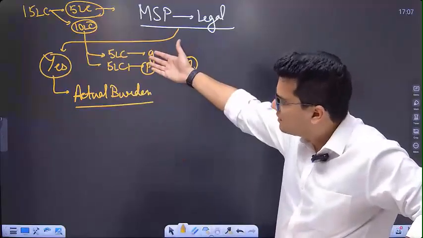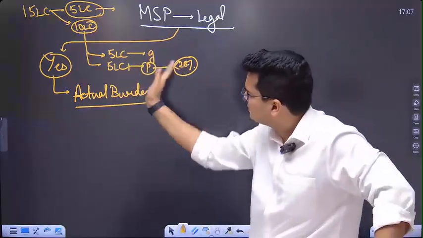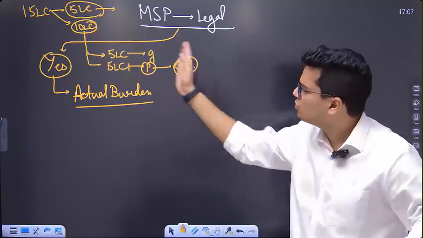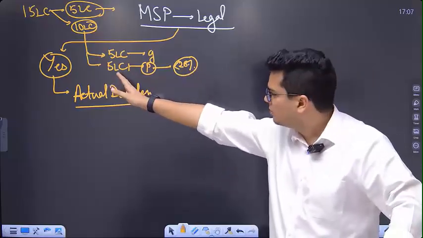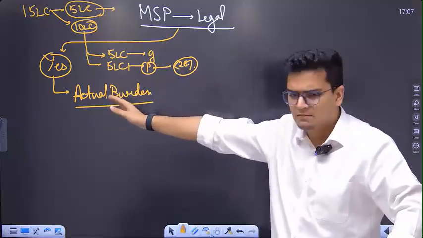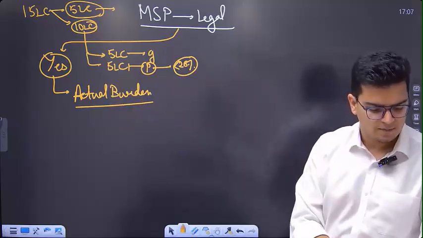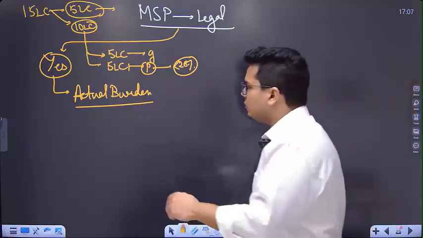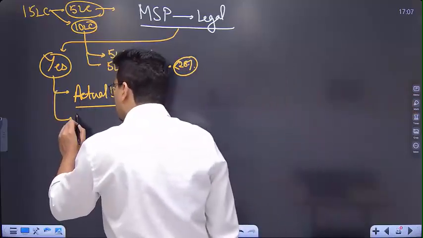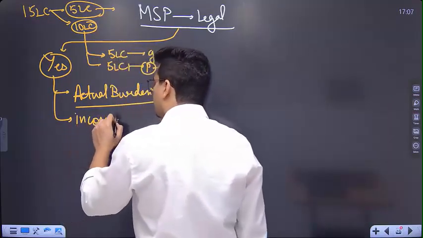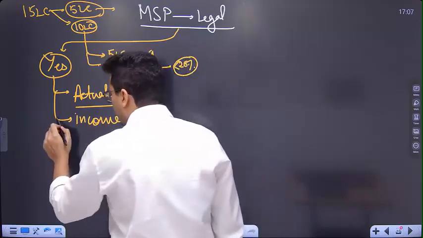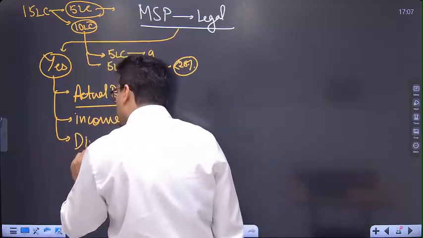So the idea here is that they say that yes, it is possible for you to have MSP, because legalized MSP, because the actual burden is very low. Then they say that if you legalize MSP, it will lead to farmer income and they will invest. It will also lead to crop diversification.